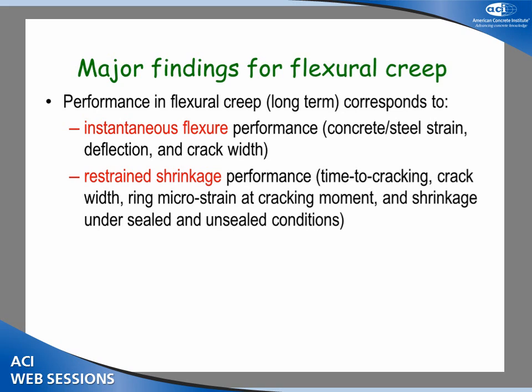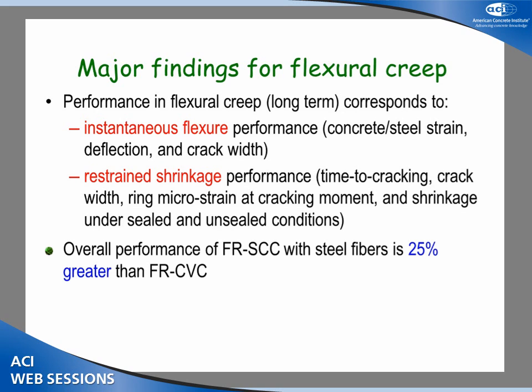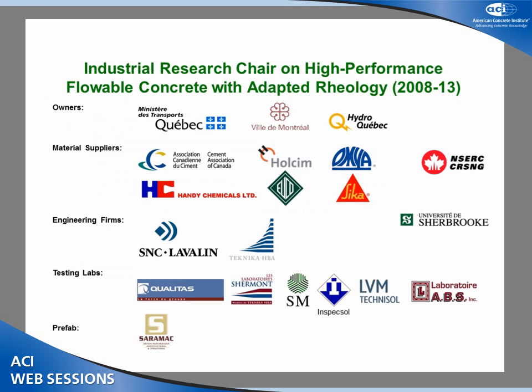So they are all related, these properties. And we found out, again, in terms of flexure creep, that overall performance in long-term deformation was better by at least 25% when we were using steel fibers.